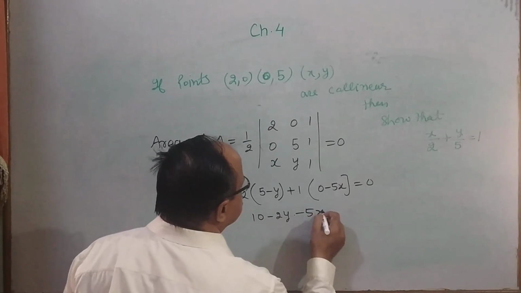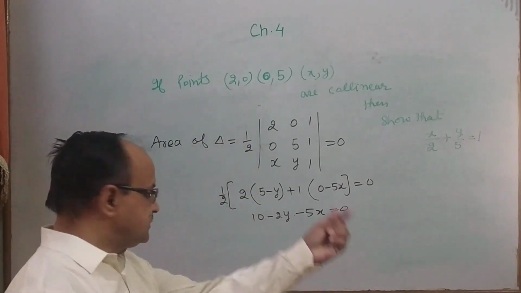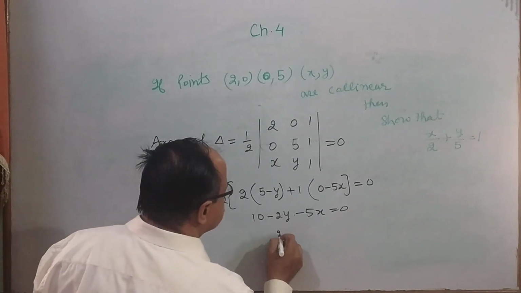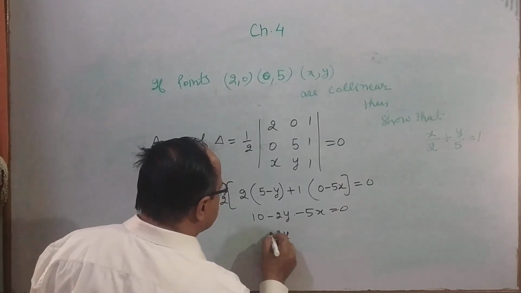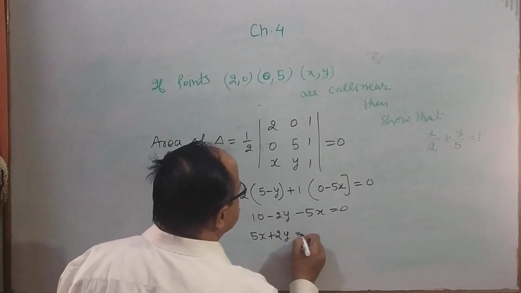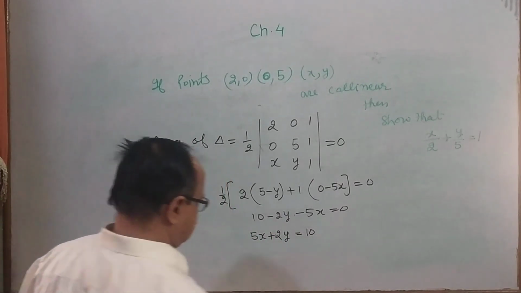Here minus 5x is equal to 0. This 2 is multiplied by 0, then the result is 0. Therefore you can say 2y plus 5x is equal to 10.